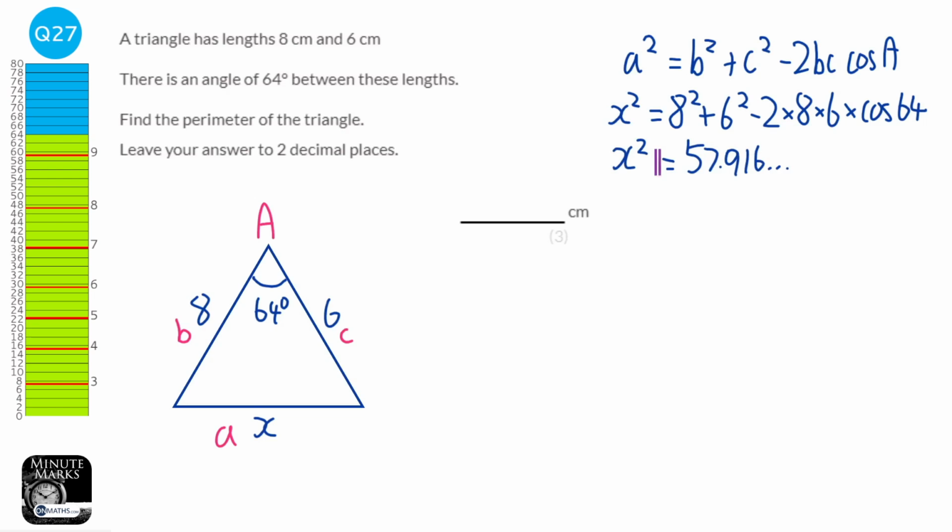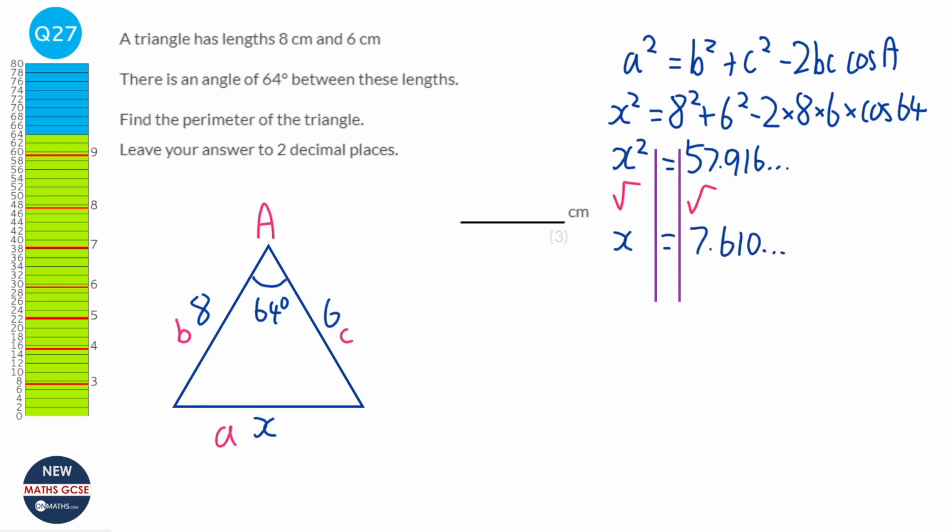And we just need to solve this by square rooting both sides. So x equals 7.610 and so on.